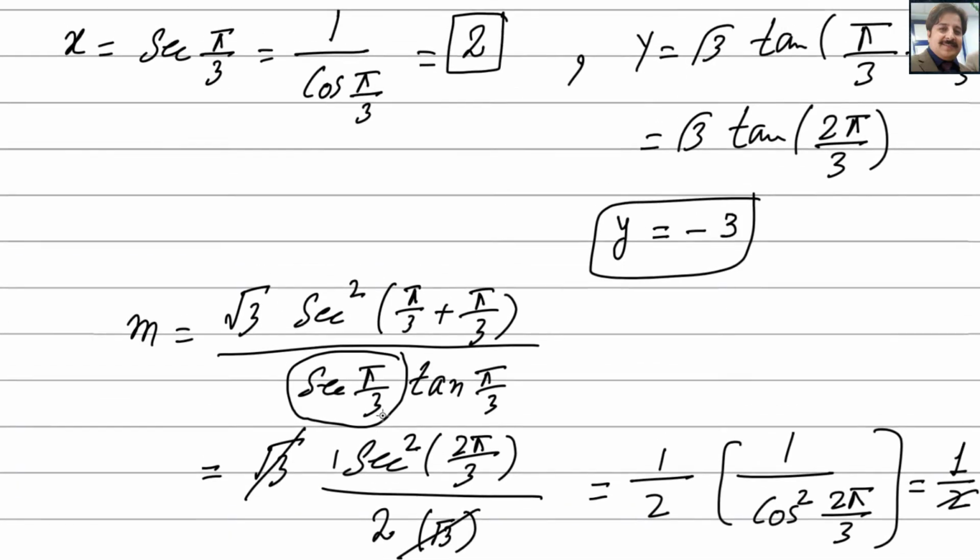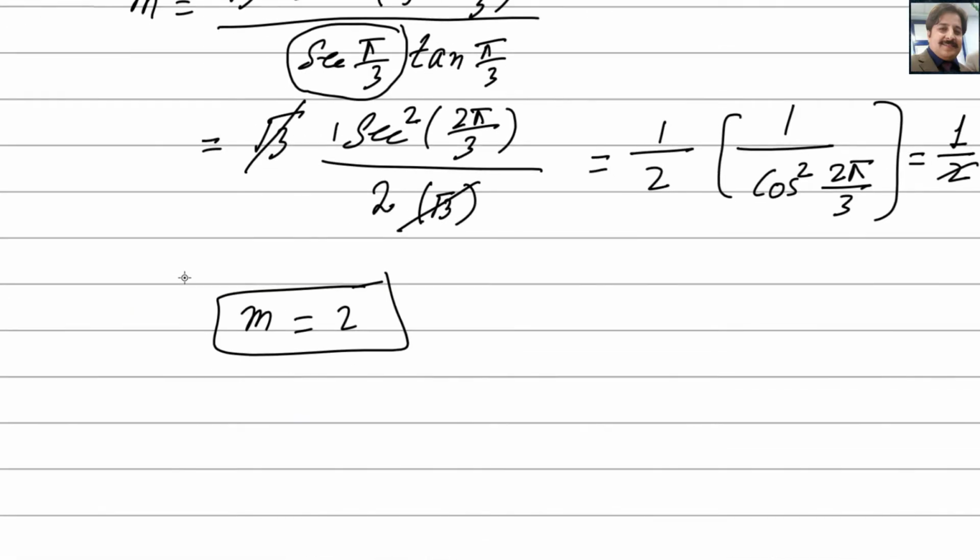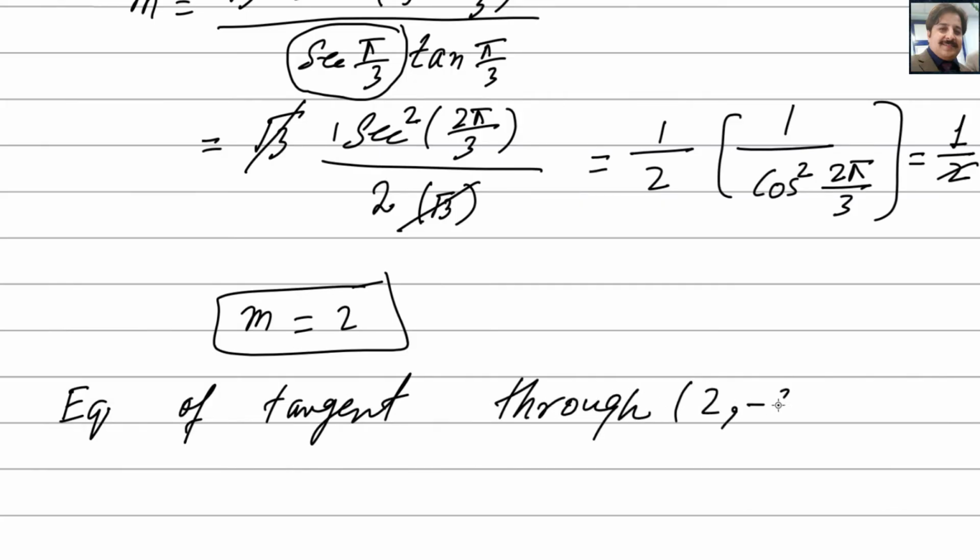We already got the point; if you remember, the point is 2 and negative 3, through which we want to find the equation of the tangent, and the gradient is this one. The equation of the tangent through 2 and negative 3 is y minus y1 equals m into x minus x1. This is the standard formula.